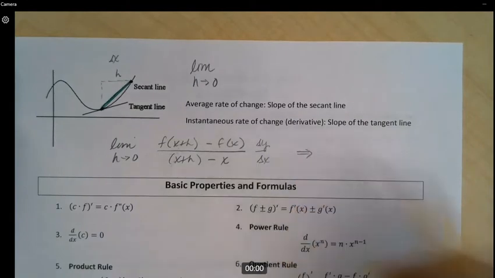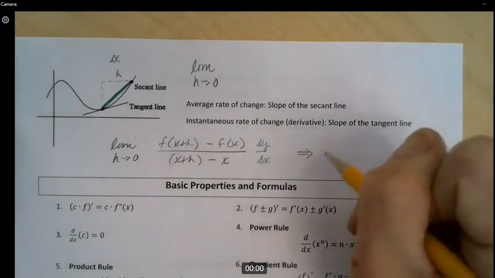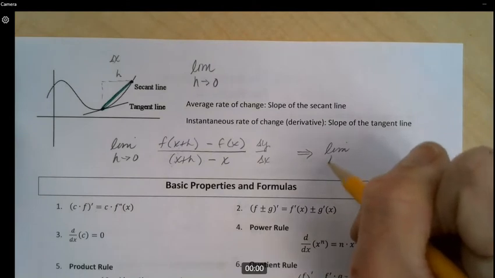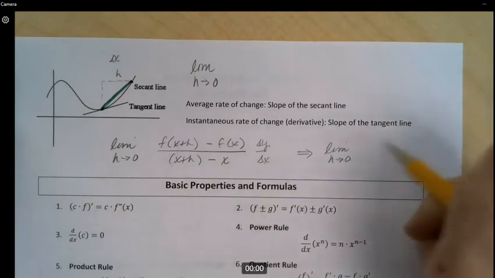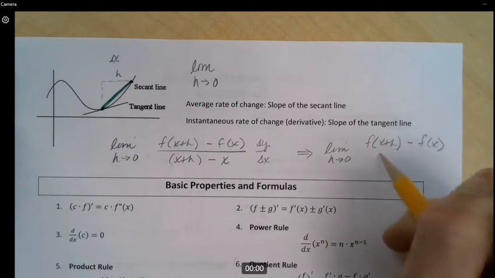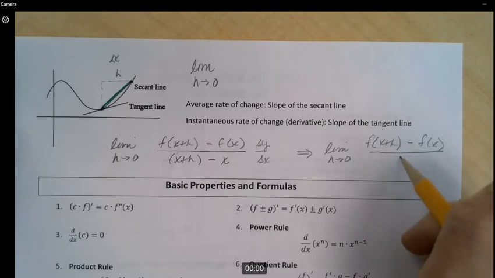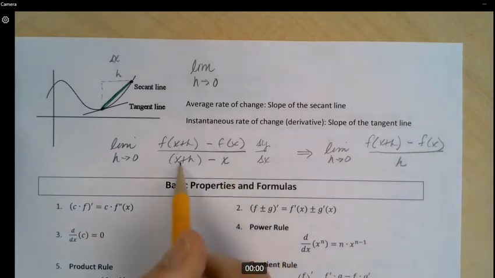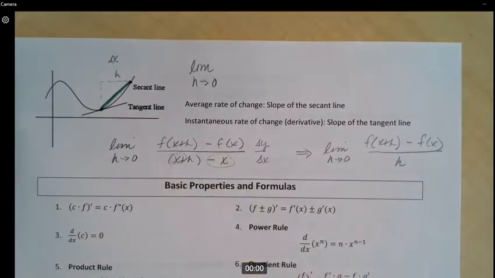We simplify that, and that's where I get the limit as h approaches 0 of f of x plus h. That's my second point. f of x is my first point. And all I'm left with is these h's once these x's cancel out. So that limit definition of the derivative will work every single time.